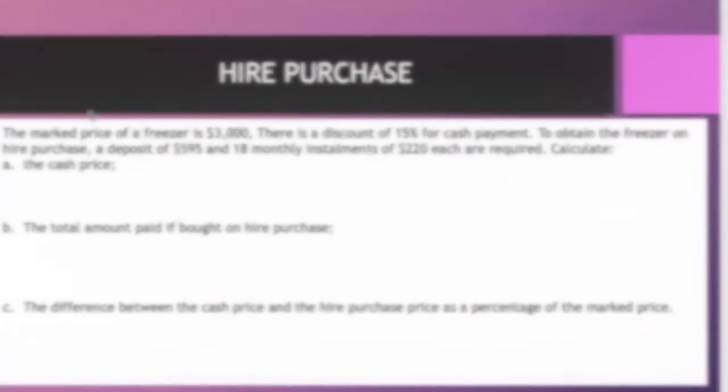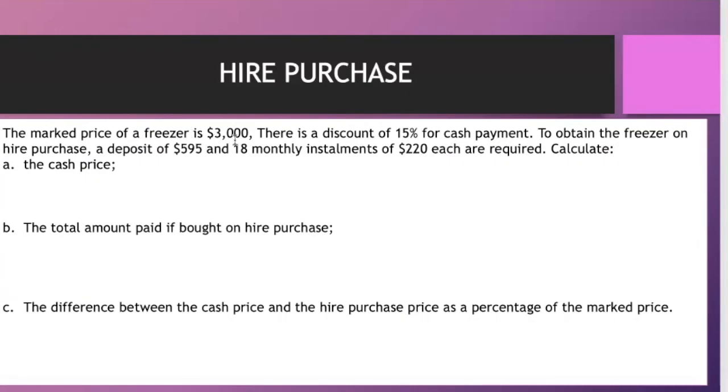The mark price of a freezer is $3,000. There is a discount of 15% for cash payment. To obtain the freezer on hire purchase, a deposit of $595 must be made, along with 18 monthly installments of $220 each.